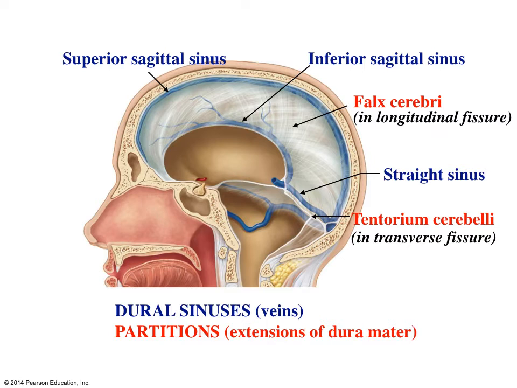Tentorium cerebelli dips into the transverse fissure, separating and protecting the cerebrum from the cerebellum. Within the lower margin of the falx cerebri, there is the smaller inferior sagittal sinus, whereas at the roof of the tent would be the straight sinus.